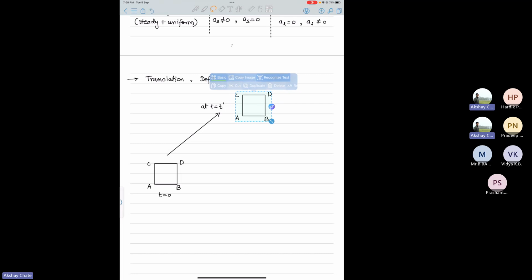So it will be somewhere like something like this. But the fluid domain shape doesn't change. It doesn't deform or anything. It's a pure translational case.